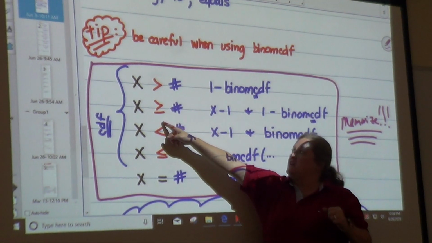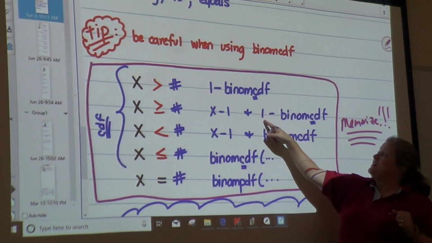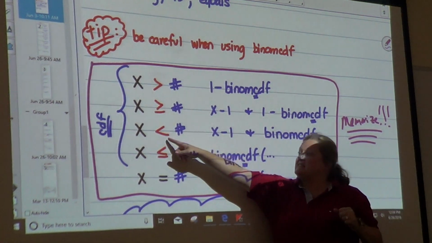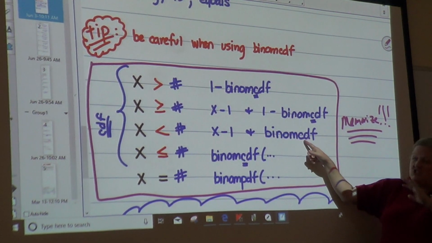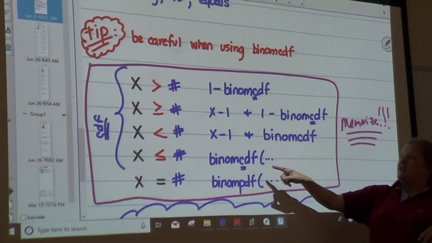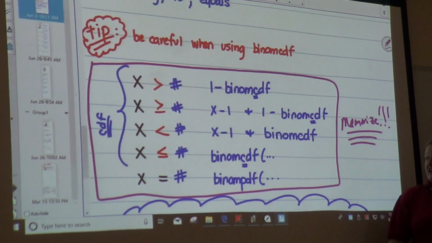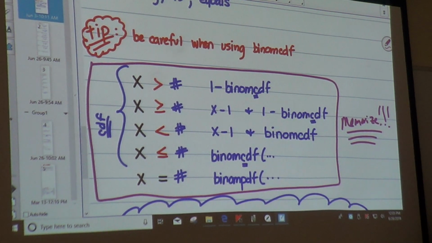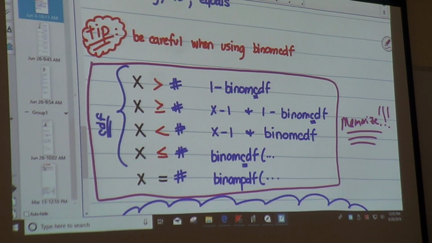If it's greater than or equal to, you're going to do x minus 1 and 1 minus the CDF. If it's less than, you're going to do x minus 1 and just the CDF. If it's less than or equal to, you're just going to do the CDF. And if it's equal to, you're just going to do the PDF. I'll give you a second to write those down.